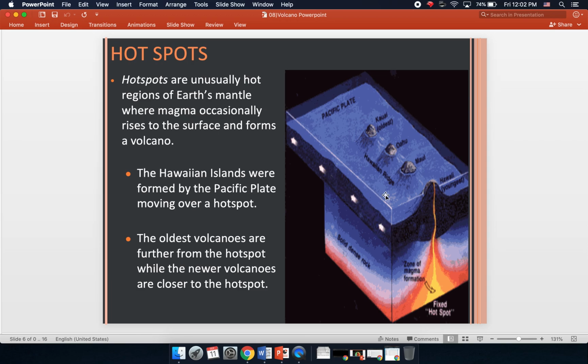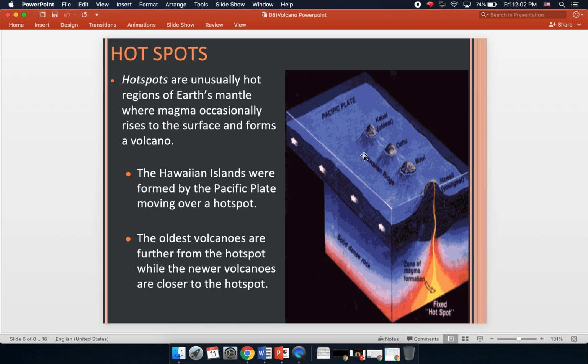What's happened here is as the plate moved in that direction, the magma from the hot spot punched through the crust and formed this volcanic island chain. So this island was once over the hot spot.